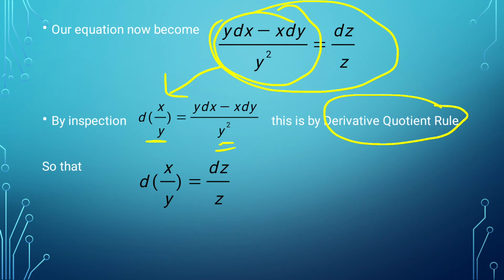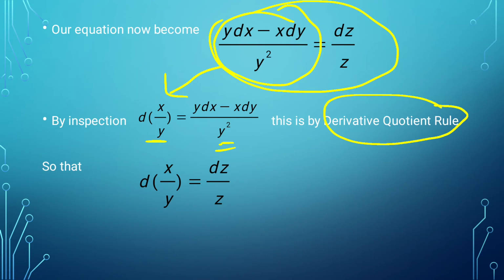Remember, in the derivative quotient rule, we take the denominator times the derivative of the numerator, take away the numerator times the derivative of the denominator, and then divide by the denominator squared.